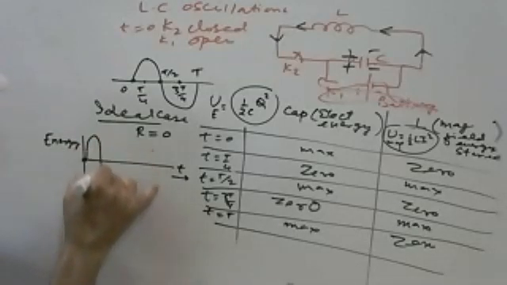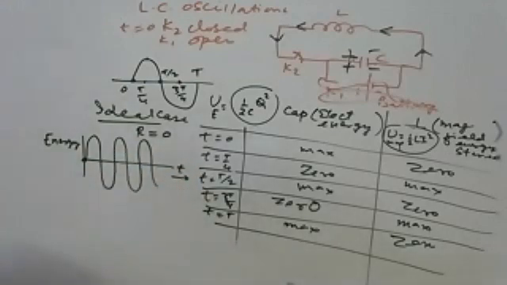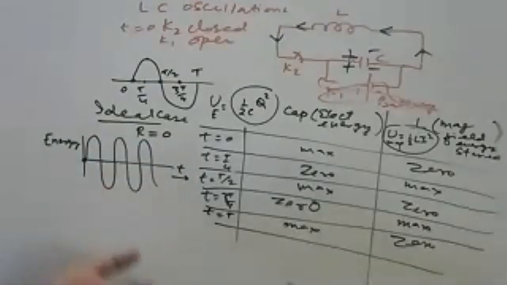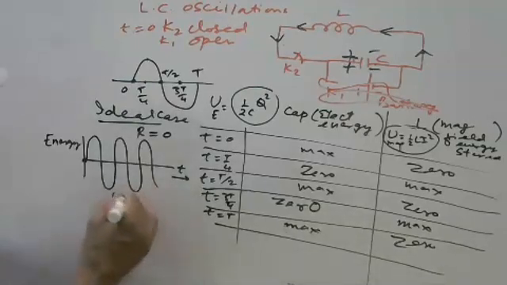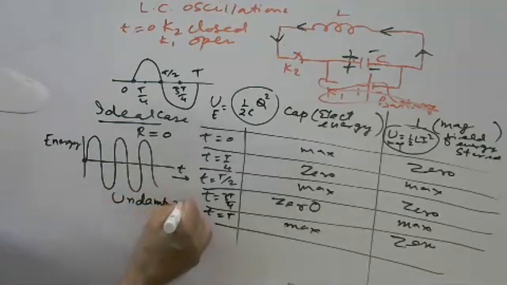Here energy is transferring from one field to the other field, electrical to magnetic, magnetic to electrical, and there is no loss. So we can say there is no loss in the energy with time. It is called undamped oscillation.